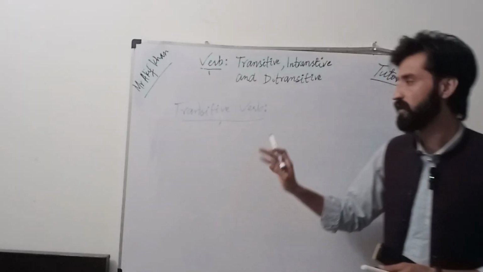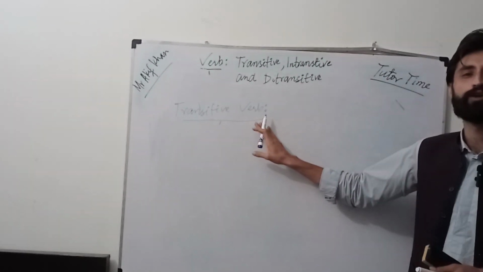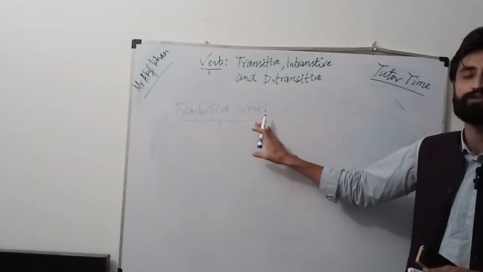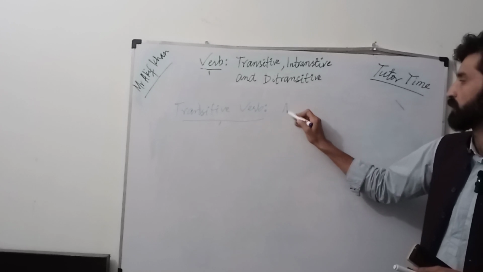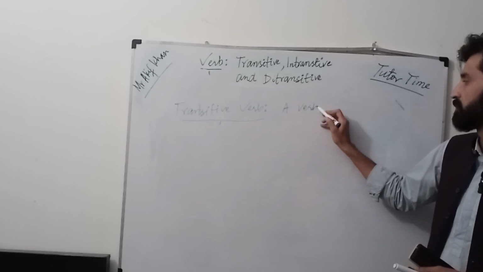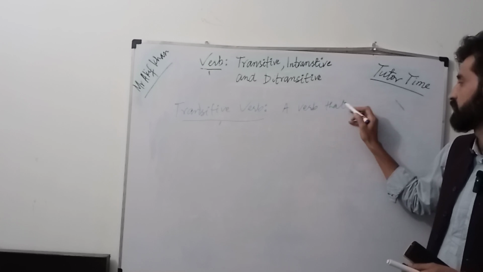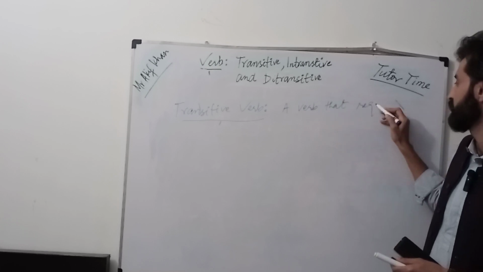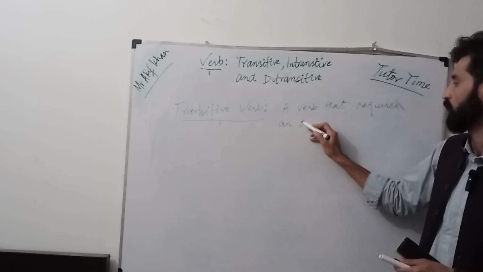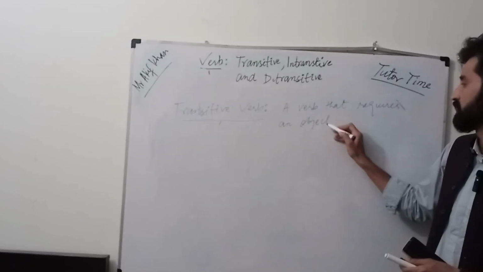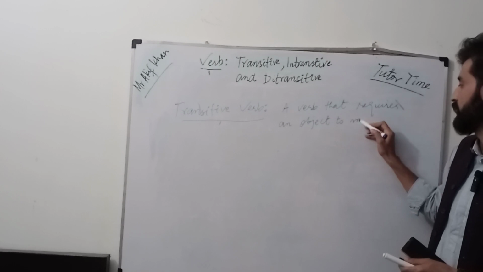So simply we can say that a verb that requires an object to give us complete meaning. Simply I can write it that a verb that requires an object to make sense.